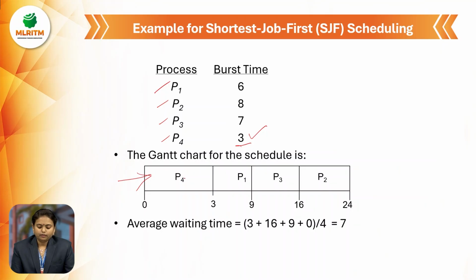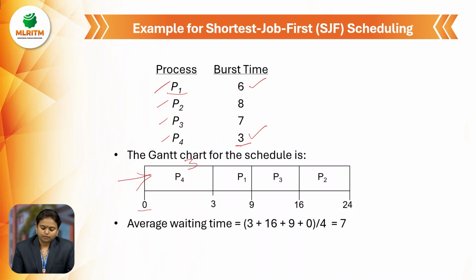Then after, what is the next shortest burst time? 6, and that is process 1, so it will enter into the CPU. Here P4 burst time is 3, and P4 waiting time is 0.